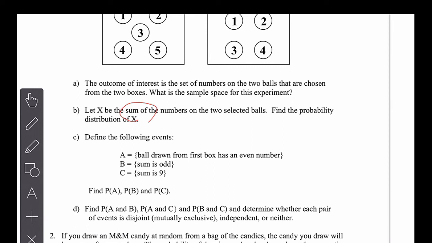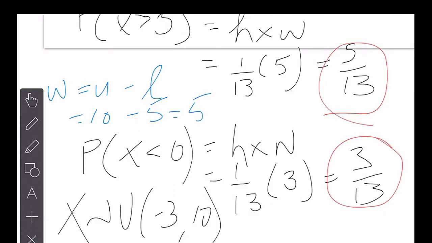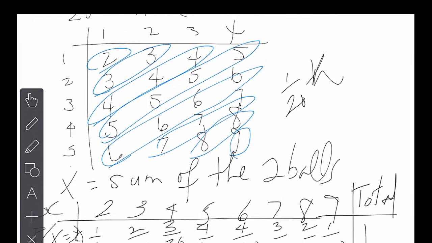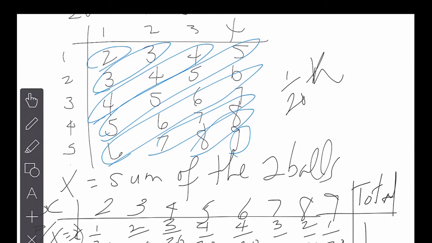So let's find those events and their probabilities. So these are combining the singular events of summing the balls can help us. So A was the first ball was even, right?